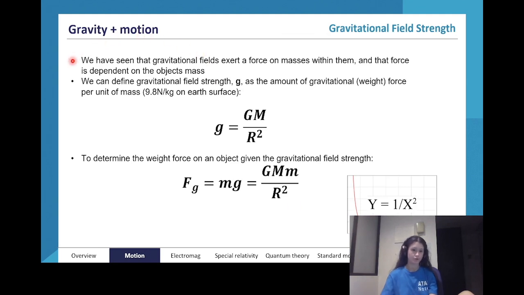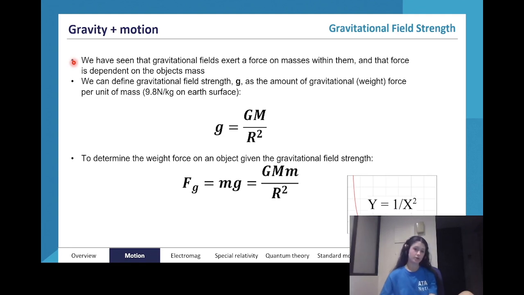Now getting onto gravitational field strength. We've seen that gravitational fields exert a force on masses within them, and that the force is dependent on the object's mass. We can define the gravitational field strength, g, as the amount of gravitational force per unit mass.